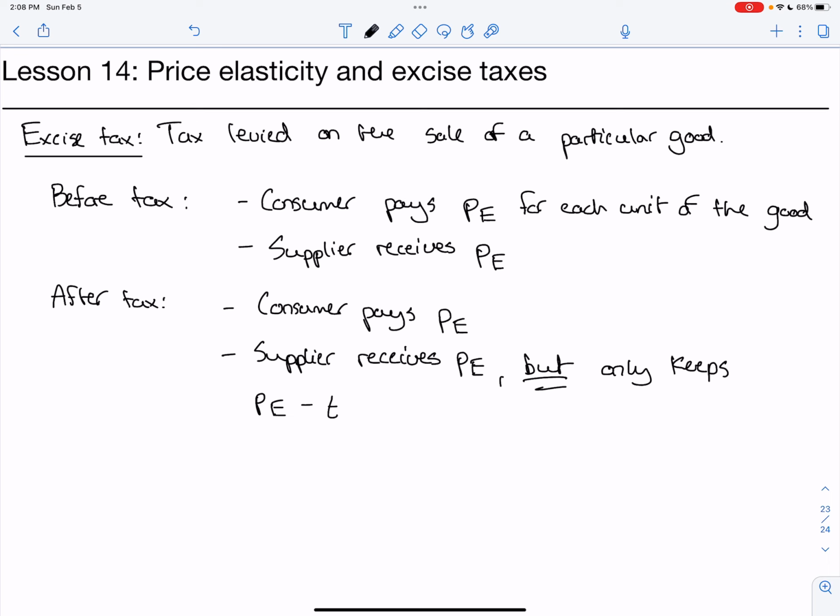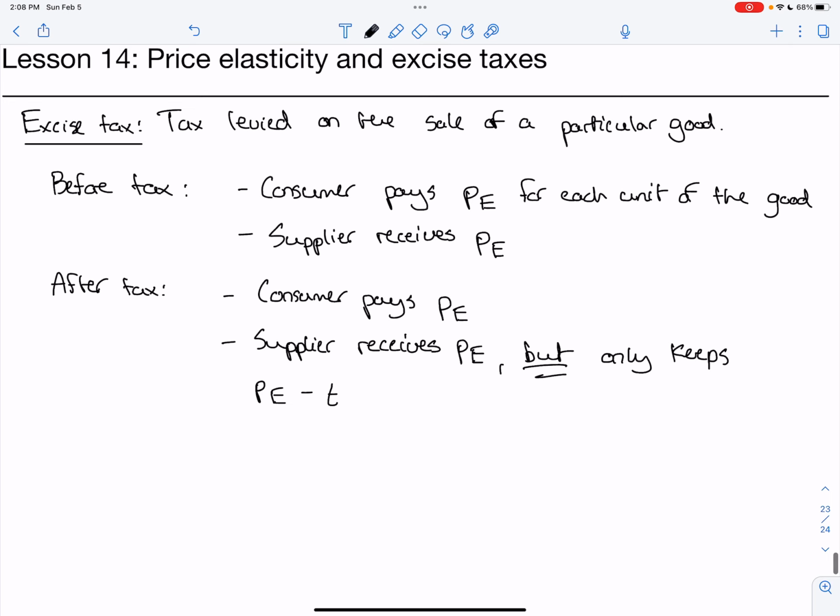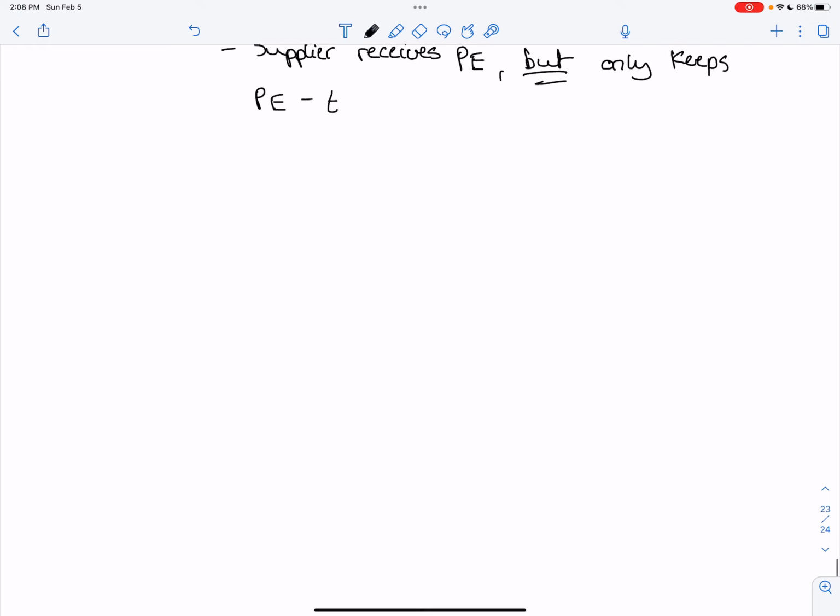Okay, now, how might that look graphically? Well, let's just remind ourselves what the situation would look like graphically before the imposition of the tax, and then we'll add in the tax afterwards.